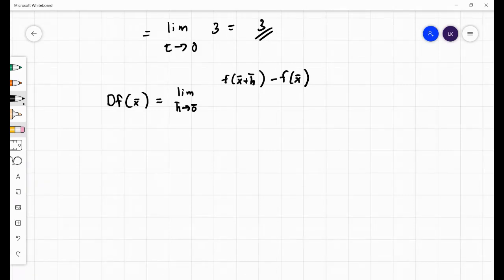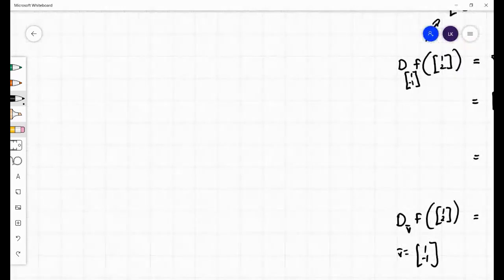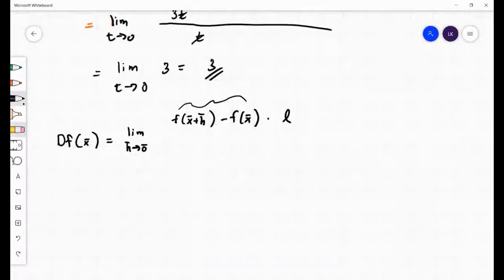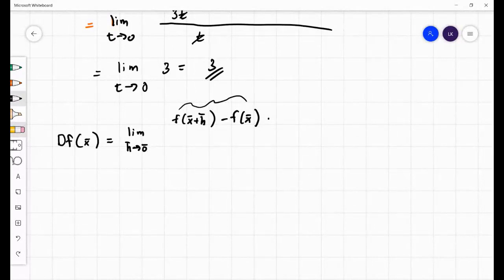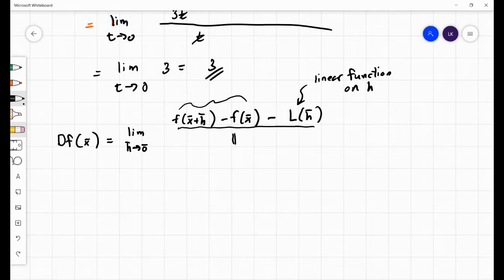This is the change in the value of the function. And if there's a linear approximation, let's call it big L, a linear function on h, not on x and y, but on h, at our point, then if this limit is 0, we say that this derivative exists.